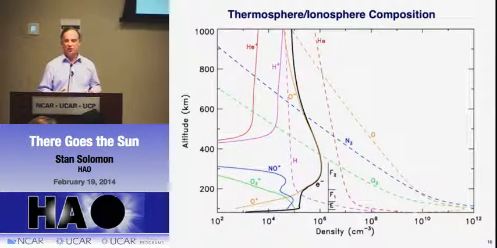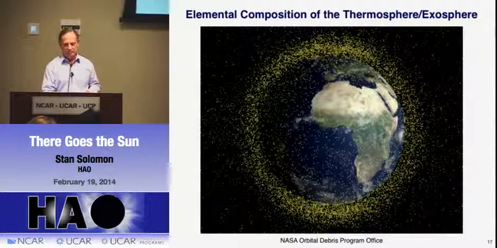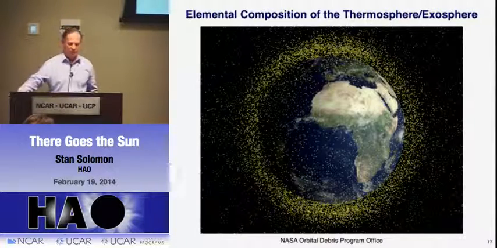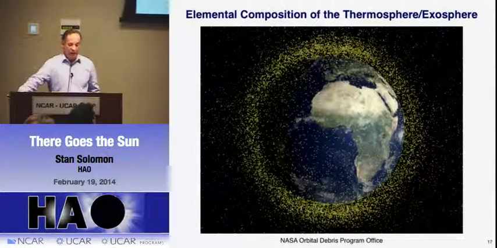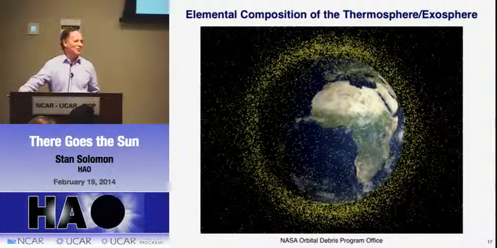And all those things are true, but not for long, because the main elemental composition of the thermosphere and exosphere above the thermosphere will ultimately probably be aluminum and titanium and molybdenum. I just like saying molybdenum. You know why.